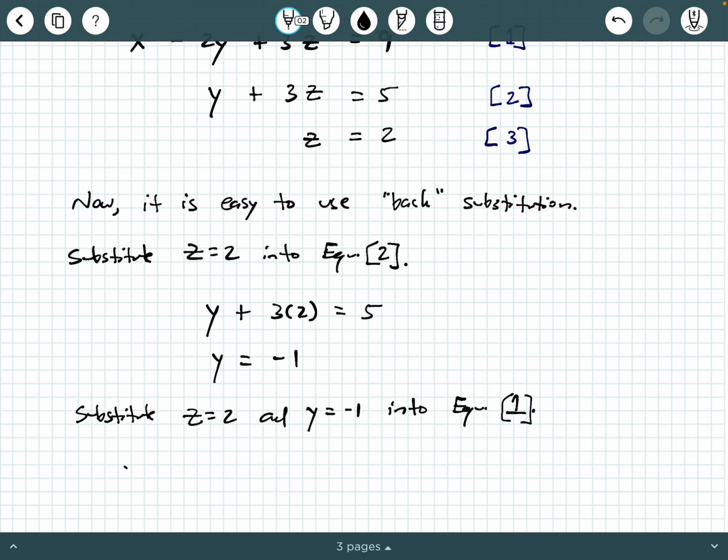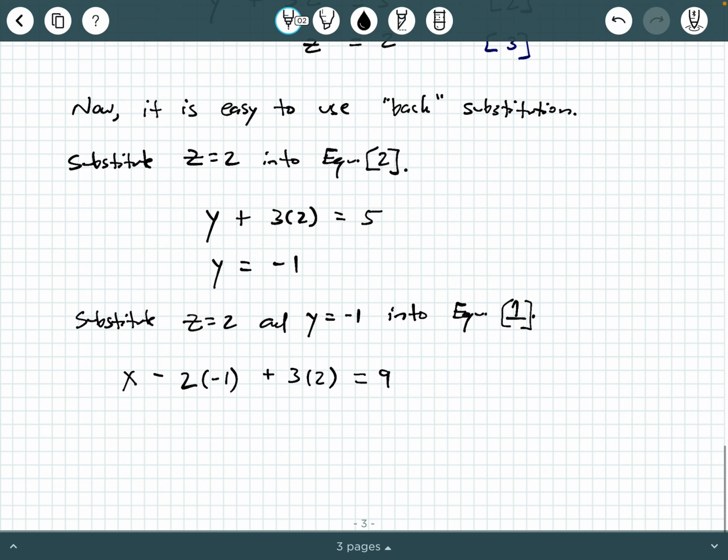So we end up with x minus 2 times -1 plus 3 times 2 equals 9. And what do we end up with?